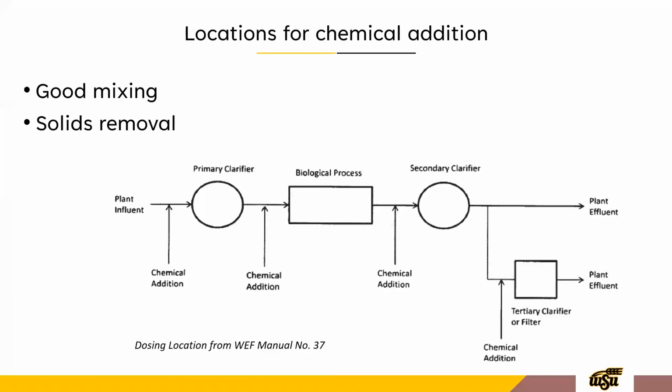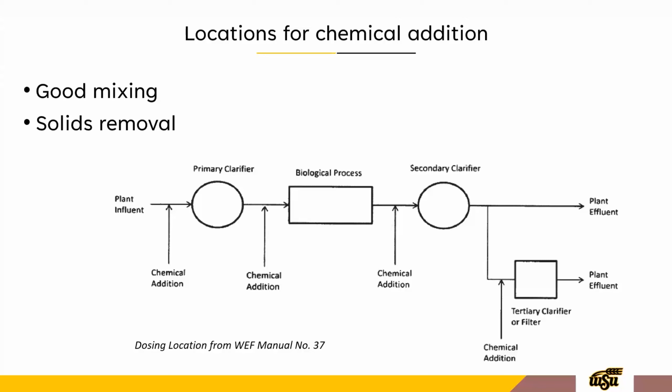So if you're thinking about chemical addition for phosphorus removal, a few things you need to have is good mixing downstream of the application. So places like splitter boxes or any place there's a drop in water tend to be pretty good. If you're putting it before your aeration tank, you want to do it as late in the game as possible.